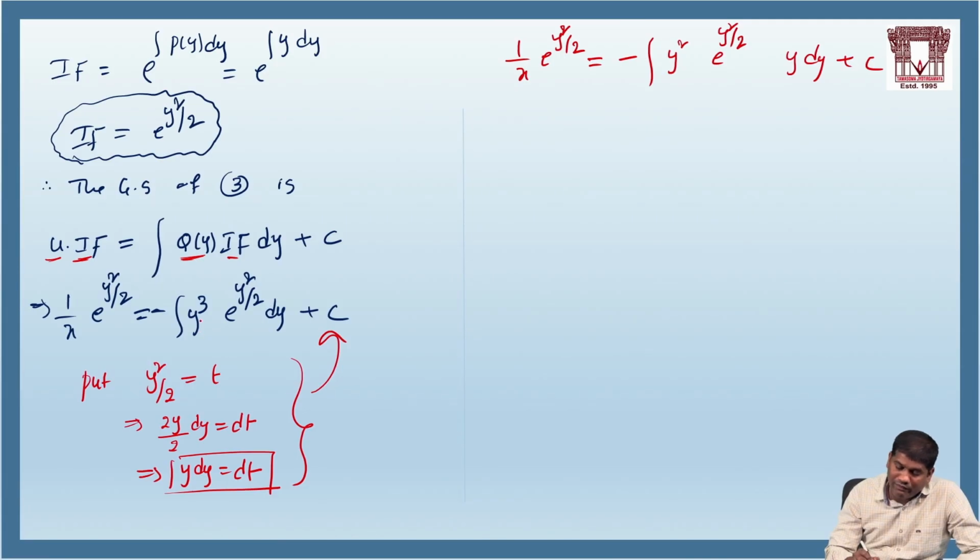Just I wrote the y cube as y square into y. Now we are going to substitute the y into dy, replace the dt.